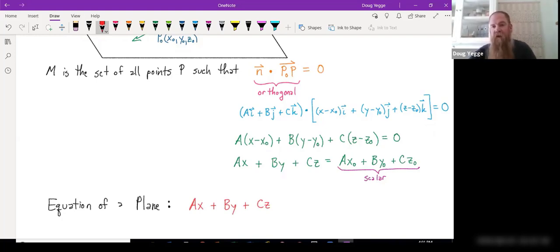So they're all linear terms. They're all first powers. And so it looks like if I want to create an equation of a plane, I just need to write ax plus by plus cz equals some constant, where that constant is the scalar right here.